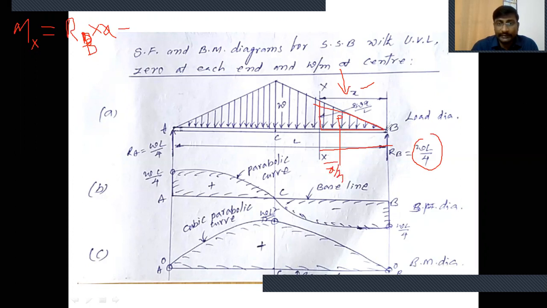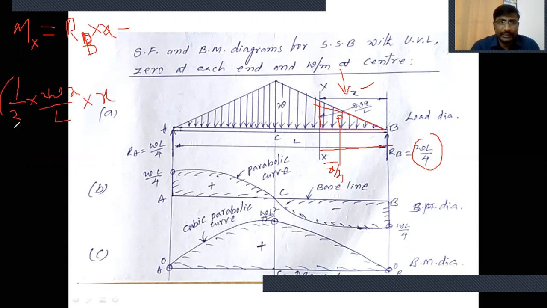The total length of the triangle is x. The center of gravity is at x by 3 distance, therefore the load into the perpendicular distance. How much load is it? Half into, as I already wrote in the shear force diagram, 2wx by L into x, where x is the length.